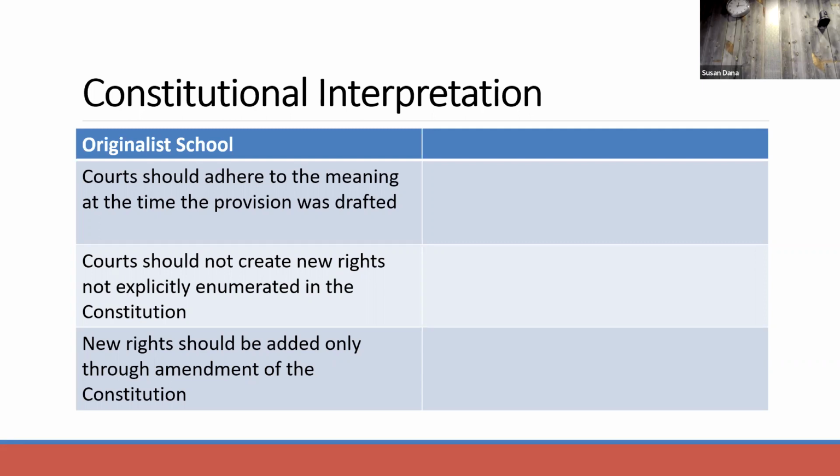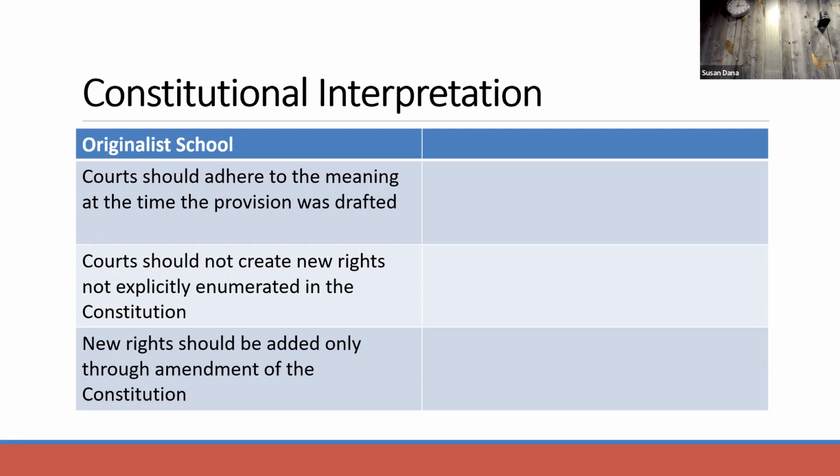Well, it was ratified in 1792 for the main part of the Constitution and the Bill of Rights. 1868 for the 13th, 14th, 15th Amendments, later for later amendments. The key one we're going to be talking about today is the 14th Amendment, which was passed and ratified in 1868. So the originalists would say that you need to look at the text, and if the text is clear, you're done. If the text is not clear, then you look at the intent at the time the provision was adopted.